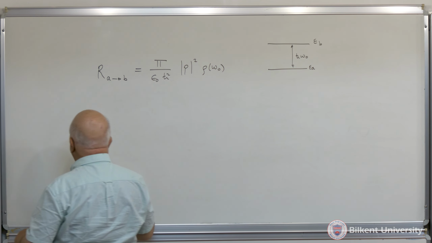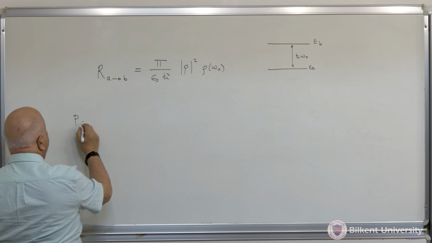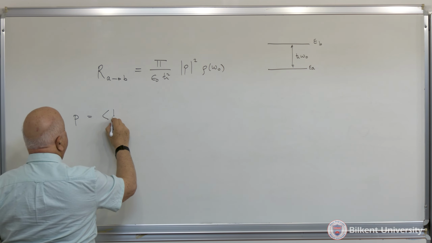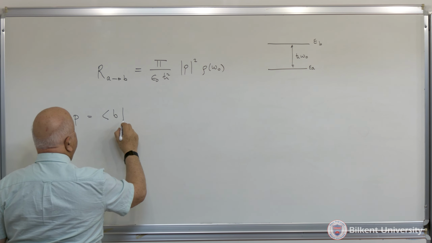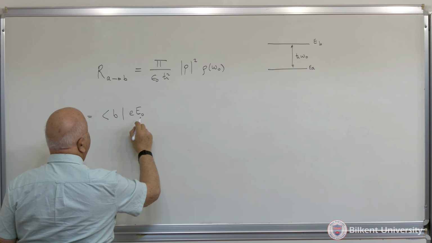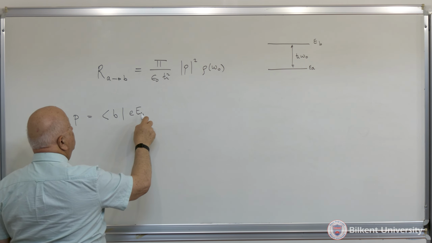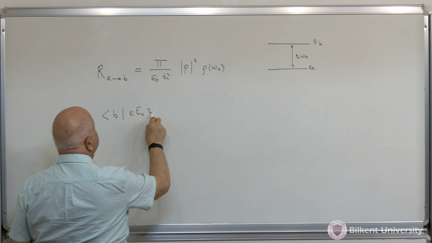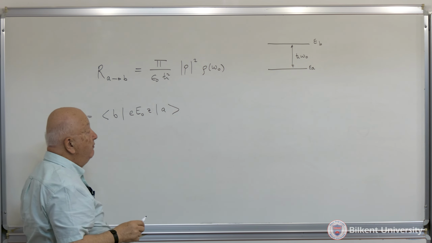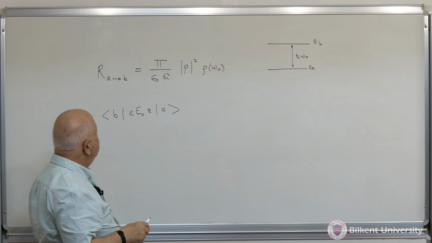For P, we took the expectation value between B and A of E, the magnitude of the electric field, times the Z coordinate.